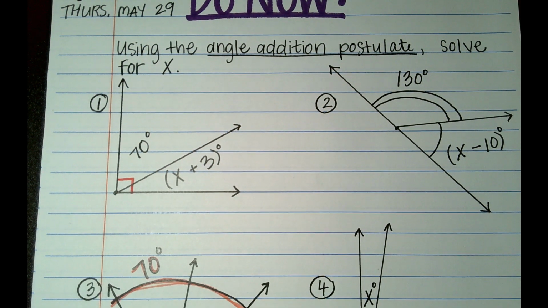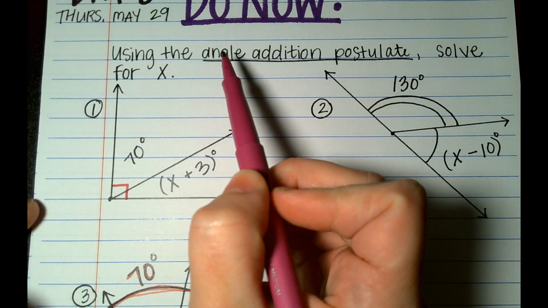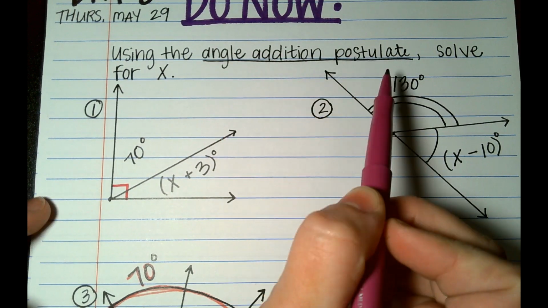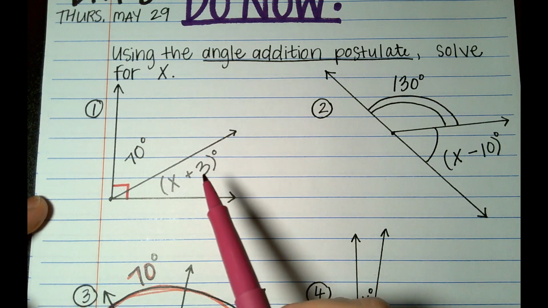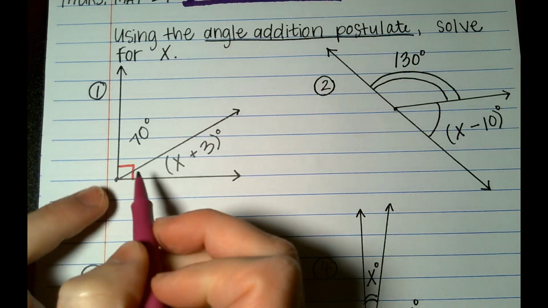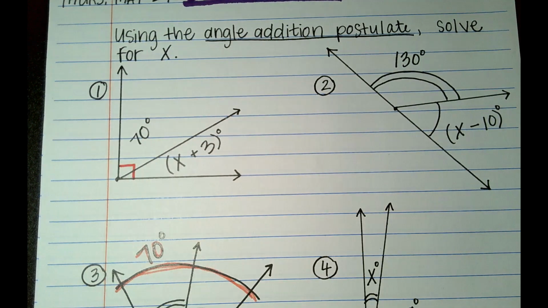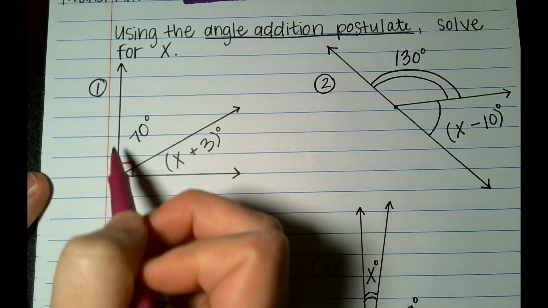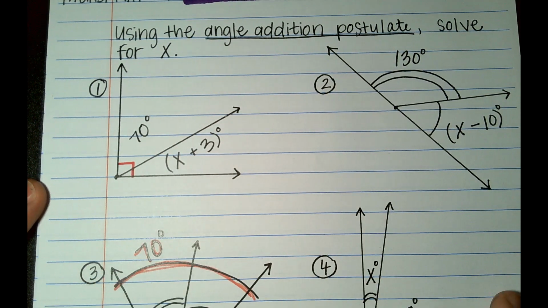So, when we are setting up our equation, remember, we talked about the angle addition postulate. That's a fancy word for when we have 2 angles inside of a big angle, we can add them together, and they're equal to that big angle. So these 2 little angles are equal to the big angle that is 90 degrees. So what equation could I write to solve for x here?